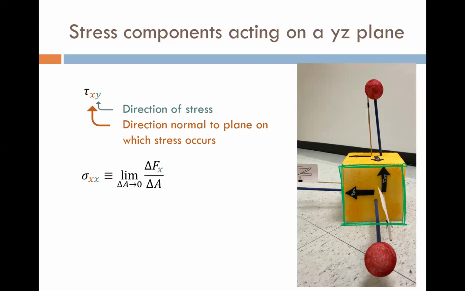So I told you the X direction is the direction coming out towards us. So that first X is the direction normal to the plane on which the stress is occurring. And the second X is the direction of the actual stress, because the force is also pointing towards us. So the definition of that normal stress is the limit of that force that's pointing in the X direction divided by the area of that base.